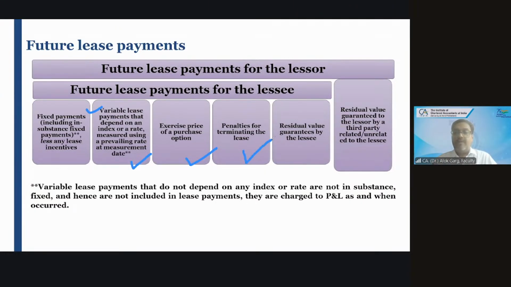Fourth, penalty for terminating the lease. For example, there is a 10-year lease contract. And after 6 years, if the lessee terminates, the lessee has to bear some penalty.